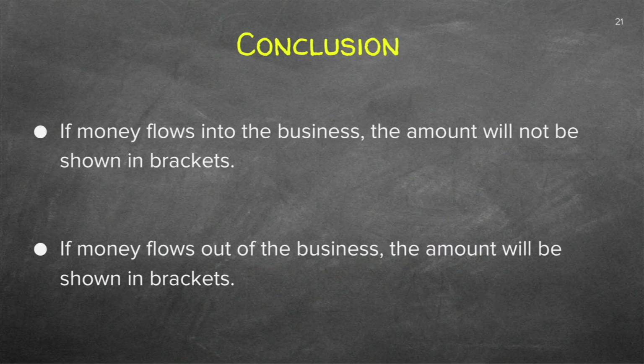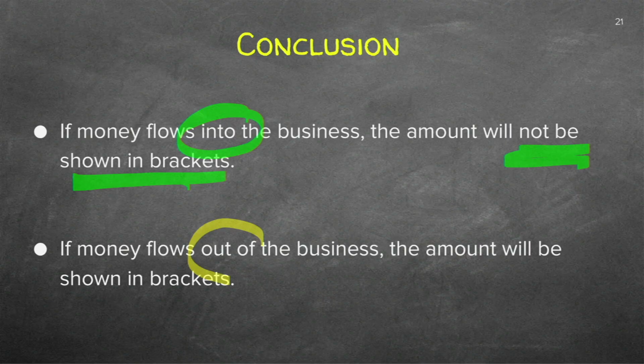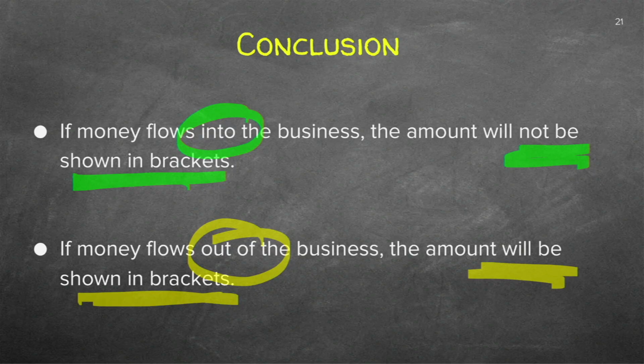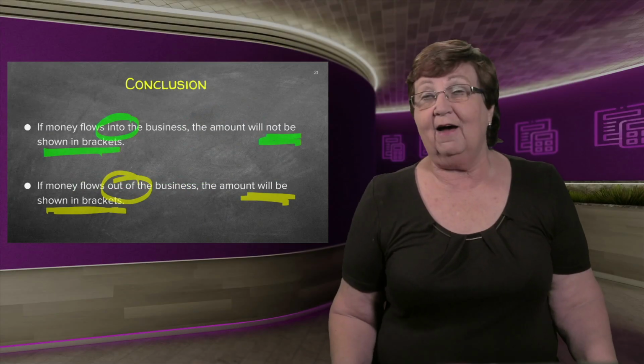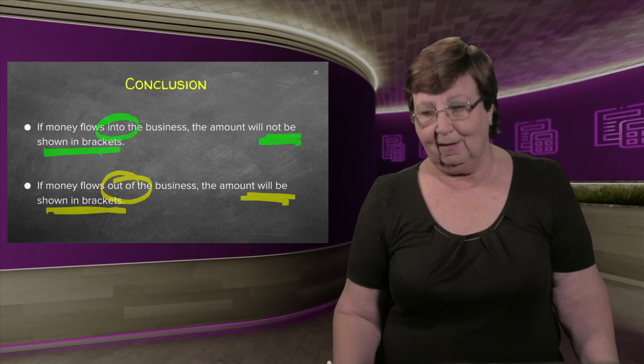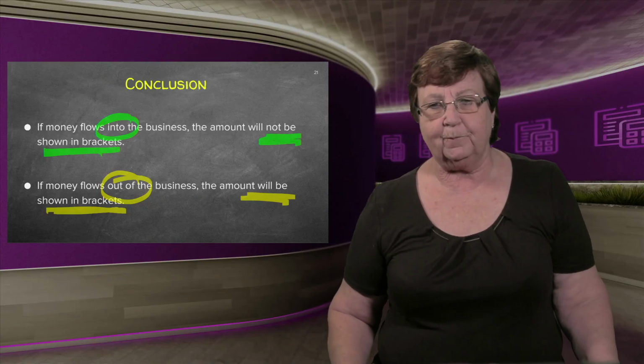What else can I conclude? I've said it so many times. If money flows into the business, there will be no brackets. If money flows out of the business, there will be brackets. And so I'm sure I've repeated it so often, I'm sure that you have it by now.